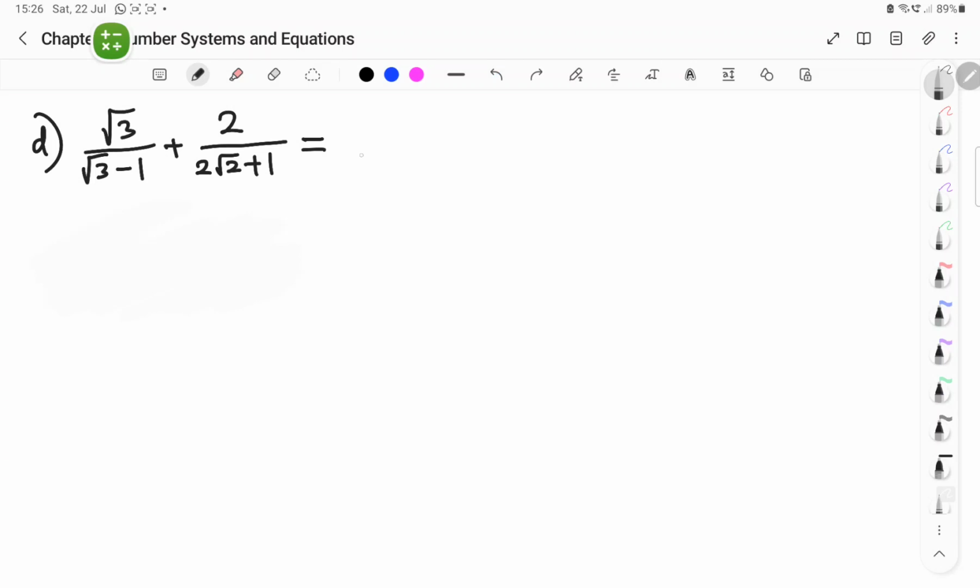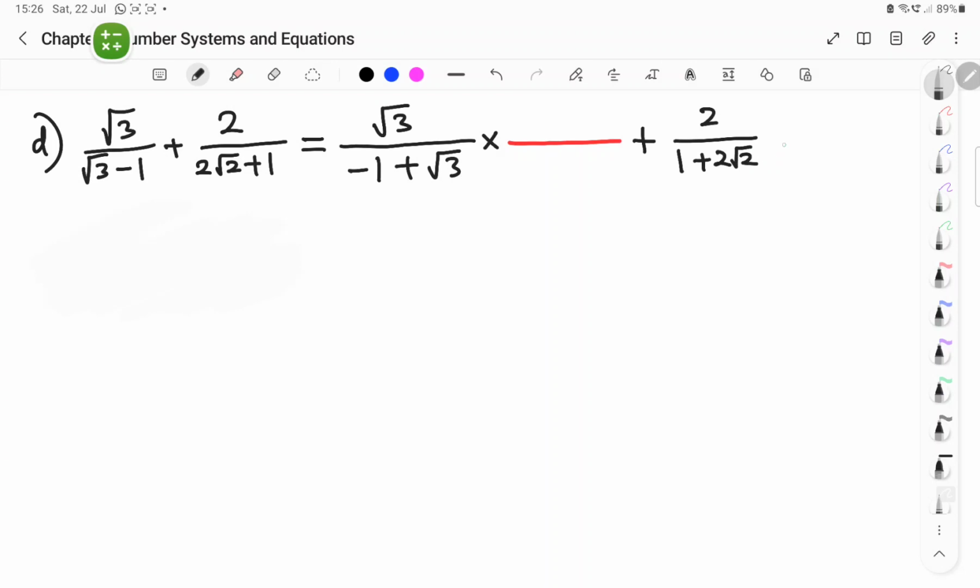I'm afraid lah. So what we can do is we do one by one. So square root of 3, this one we have to rewrite lah, like this. Put the square root at the back. And then I'm going to leave this for the conjugate. And then plus 2 over 1 plus 2 square root of 2.